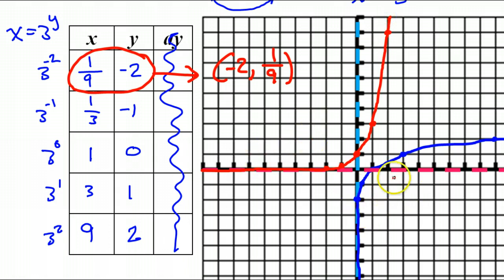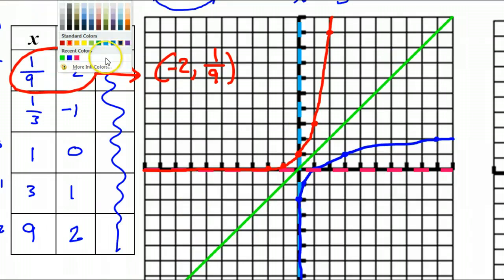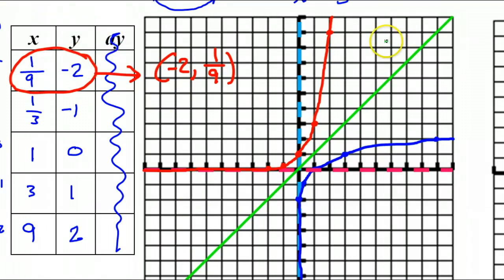Now, please notice the relationship between these two graphs. If you imagine a diagonal line from one corner of this graph to the other. By the way, this is the line y equals x. Okay? Now the line y equals x should be like a mirror between the original function and the inverse function.